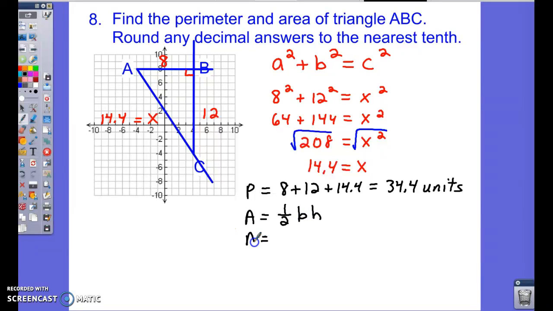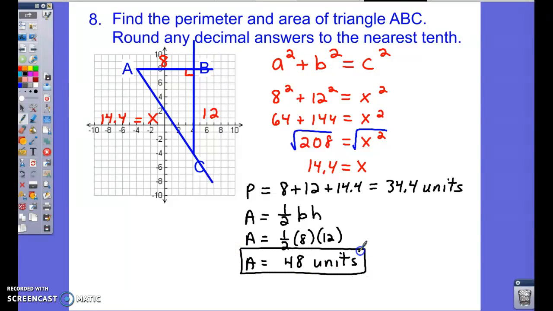If you picture the triangle being turned upside down and us calling side AB the base, that would mean the base has a length of 8, and the height of that triangle would be 12 units. When we multiply those values together, we get a final answer of 48 units squared. So the area is 48 square units, and the perimeter is 34.4 units.